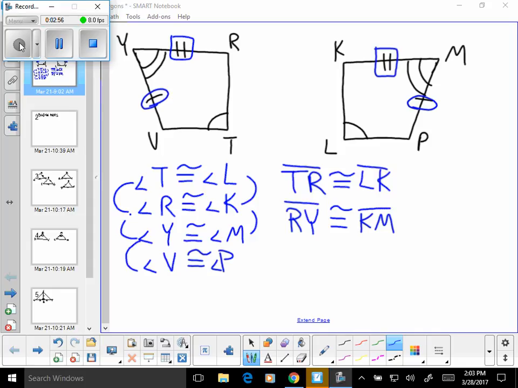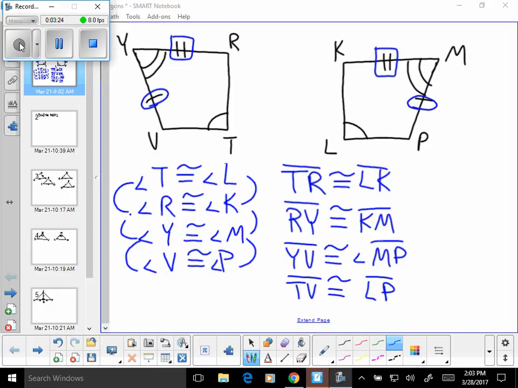And I go to line segment YV, which is going to be congruent to line segment MP. Now, if you'll note, you've got 4 angles, therefore you've got to have 4 line segment congruencies too. The only 2 that I haven't matched up yet are line segment TV congruent to line segment LP. So then I'm going to take my first and last and put those together.